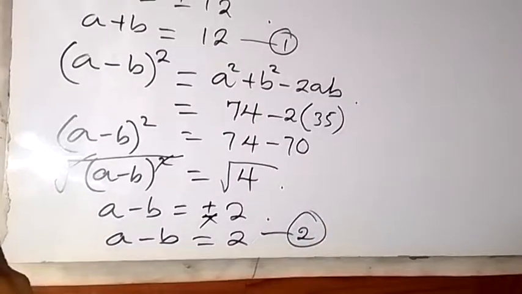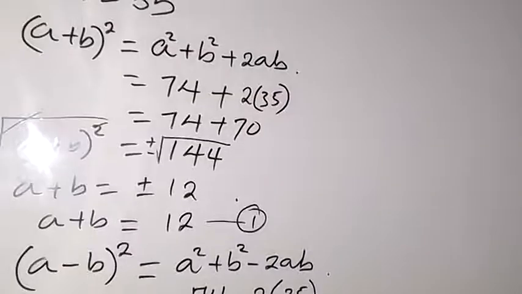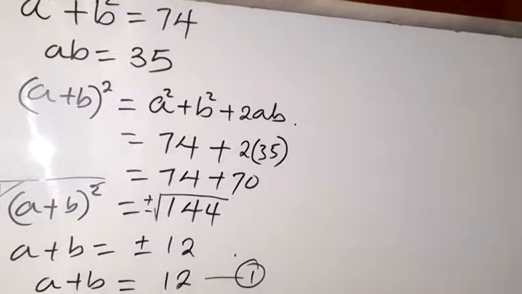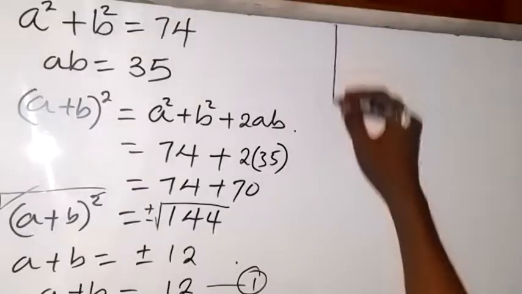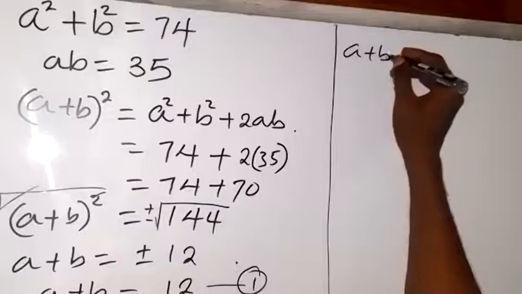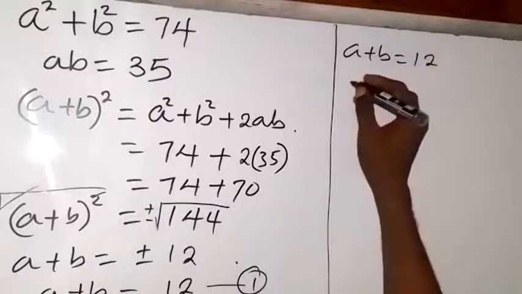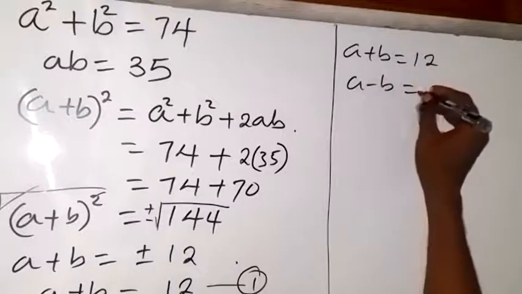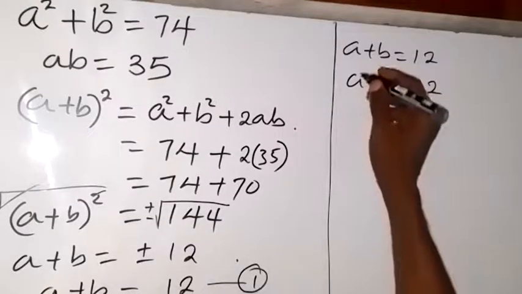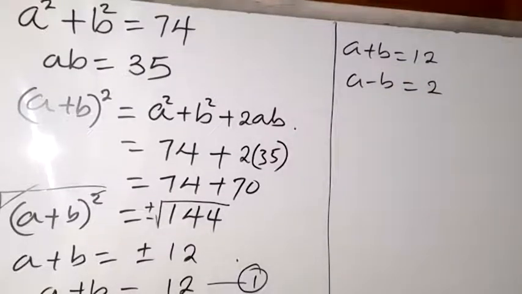Then when we work with those two equations, we can solve simultaneously to get the values of a and b. So we have a plus b equals 12 and a minus b equals 2. We can add to eliminate b there.